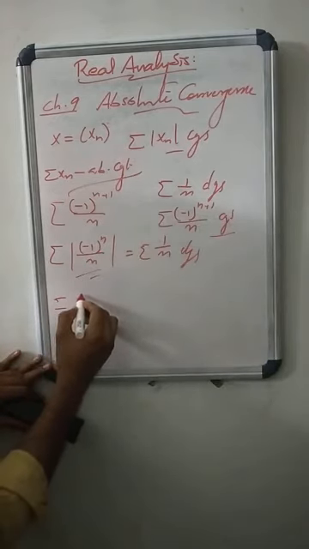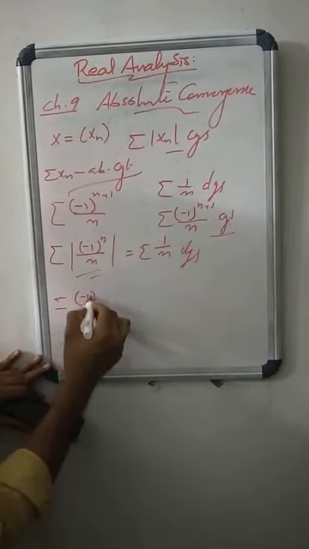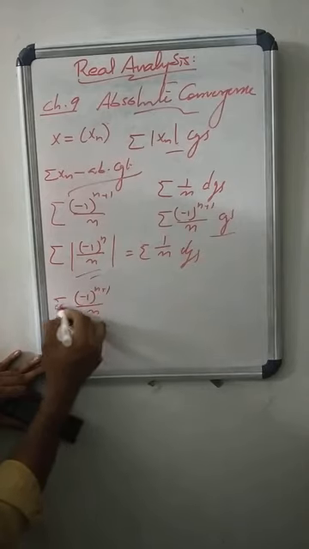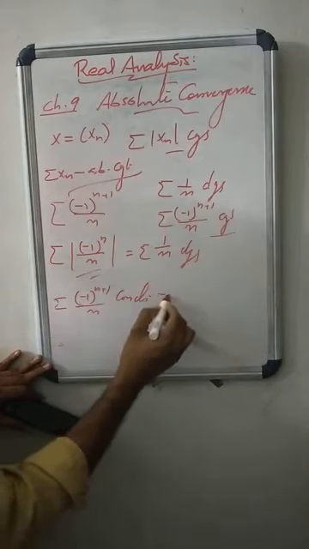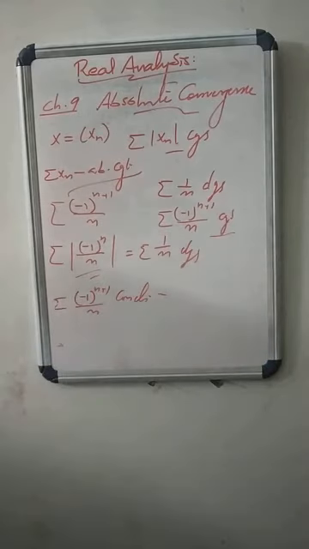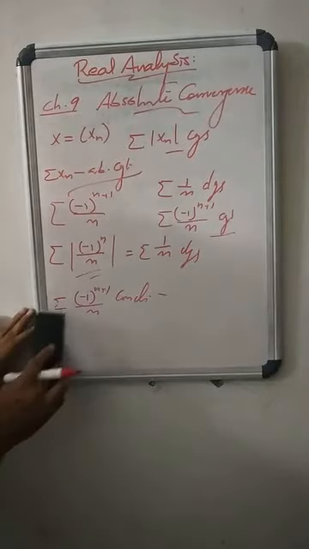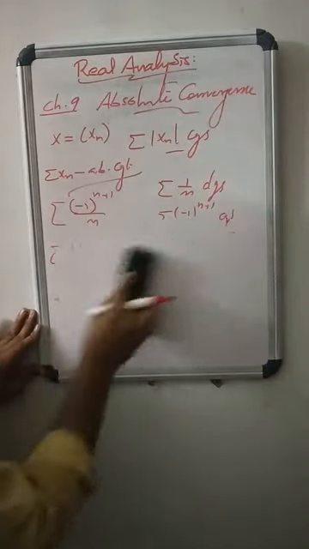That means the alternating harmonic series is conditionally convergent, that is, it converges but not absolutely. Clear?